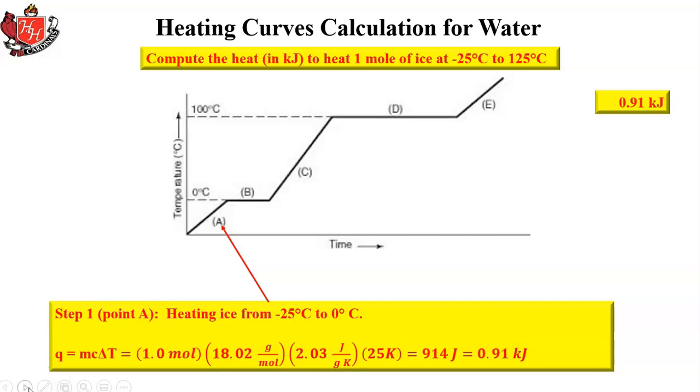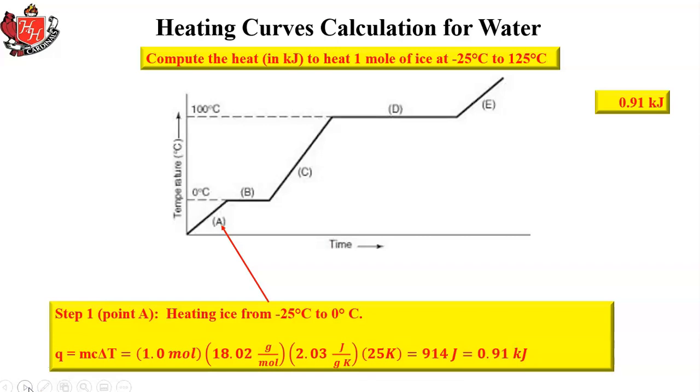Now, if you're observant, you may have noticed something. The temperatures were given to us in centigrade, not in Kelvin. So why can we say that going from negative 25 centigrade up to 0 degrees, because that's what region A is doing, is the same in Kelvin?